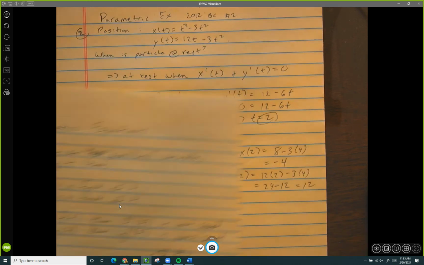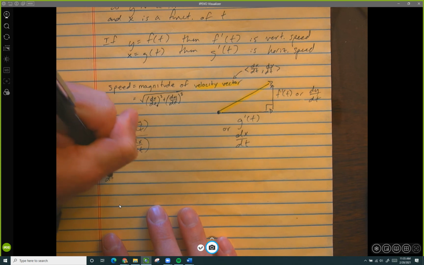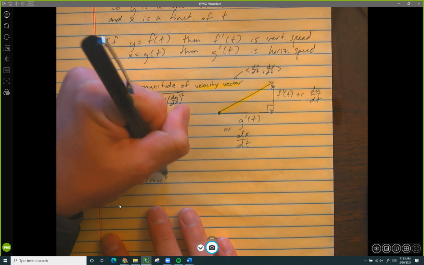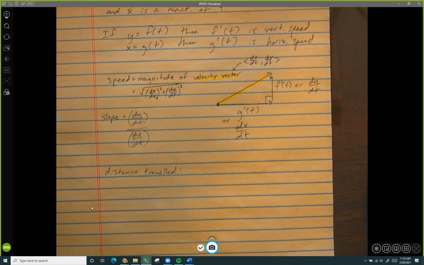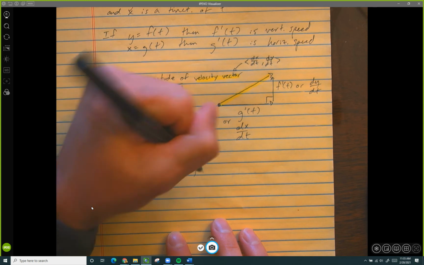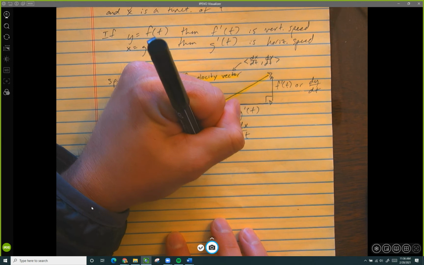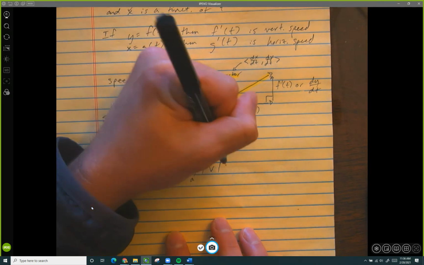So let's throw something else into our notes. Let's go with distance traveled. Distance traveled, I think it makes sense, is the integral from a to b of the absolute value of velocity with respect to time.